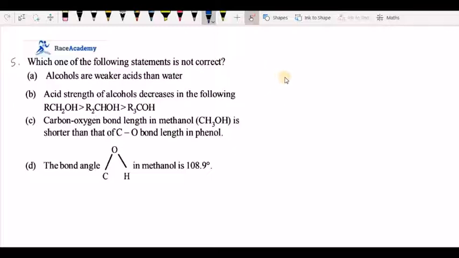Third one: carbon oxygen bond length in methanol is shorter. Methanol has an sp3 carbon. Do remember, if the carbon is sp3, the carbon oxygen bond should be longer. But the statement says it is shorter than the CO bond length in phenol.